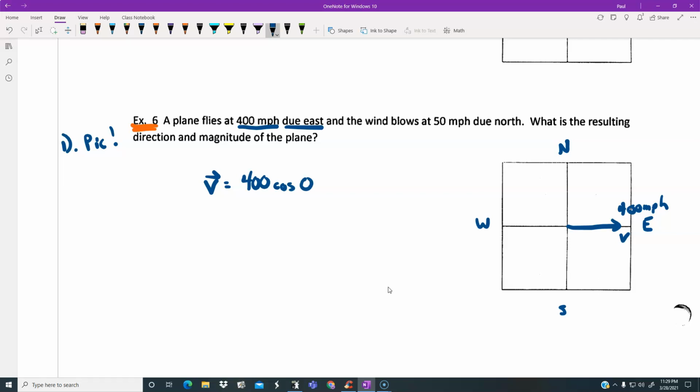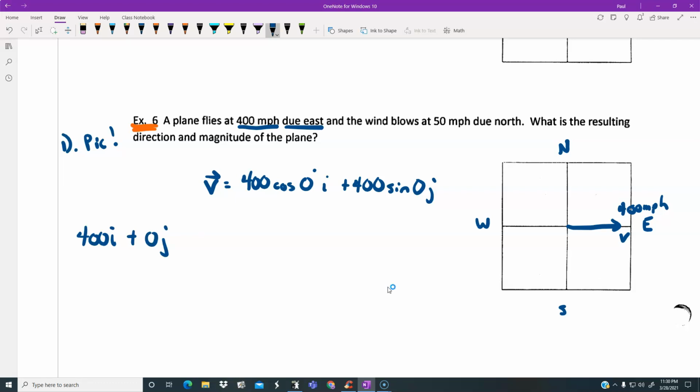This is cosine of 0, i, and 400 sine of 0, j. Now, these actually break down relatively easily. Cosine of 0 is 1, so that means it's basically 400i. And if you take sine of 0, you get 0, and that would be 0j.